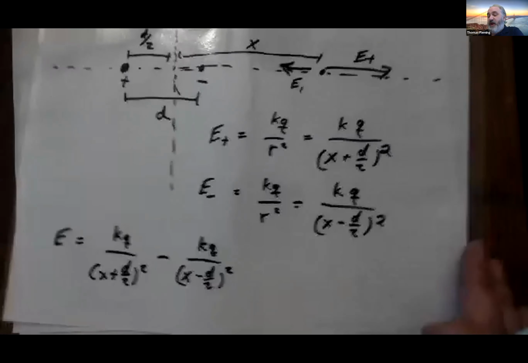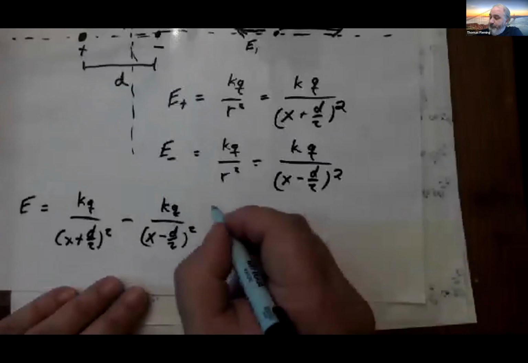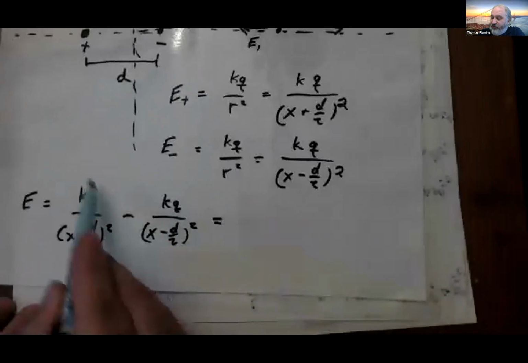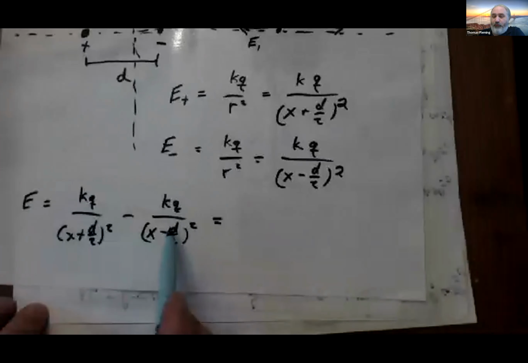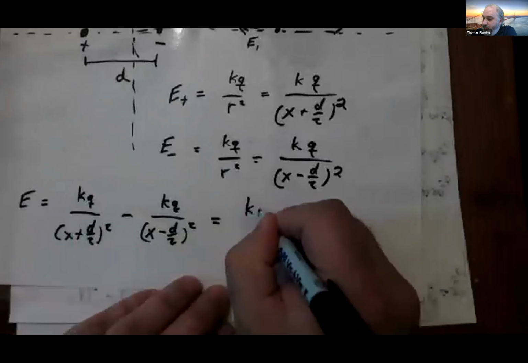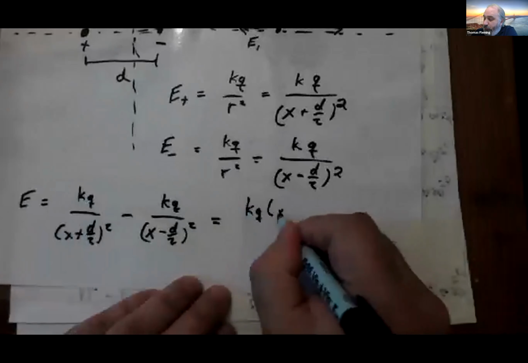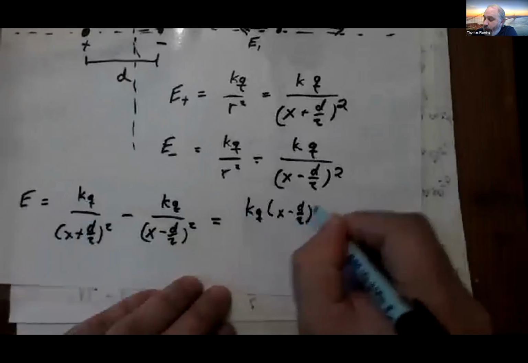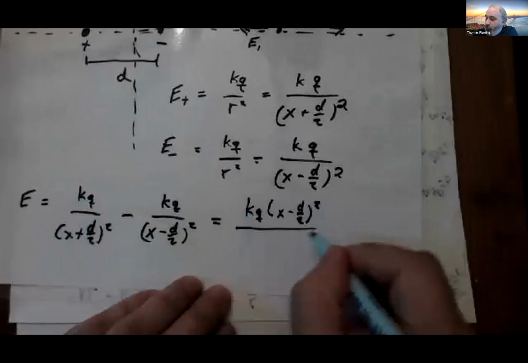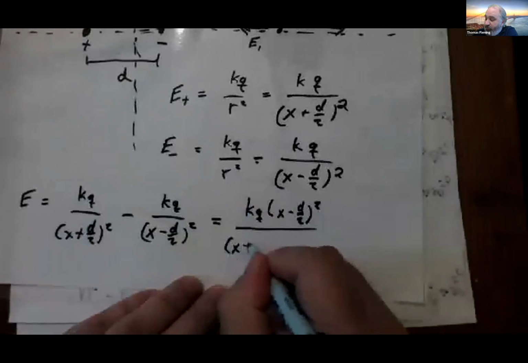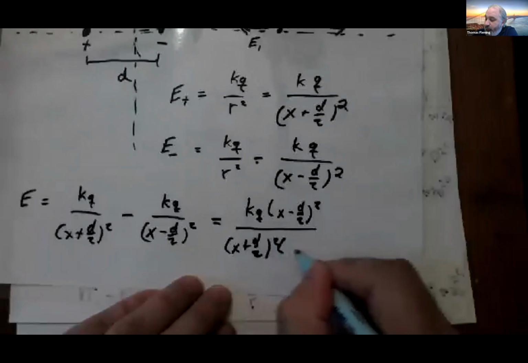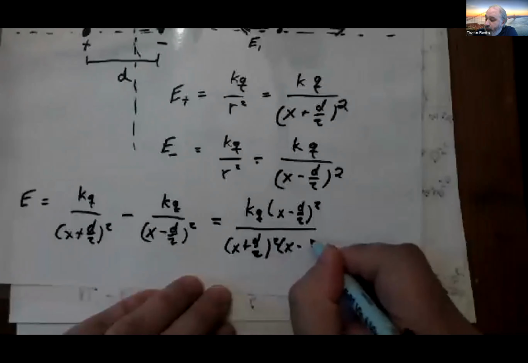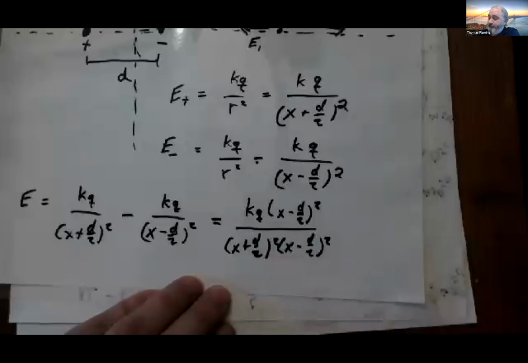And the easiest way to get a common denominator would be to take this term and multiply it by the denominator of the other term over itself. In other words, this becomes KQ (x minus d over 2) squared over (x plus d over 2) squared times (x minus d over 2) squared.